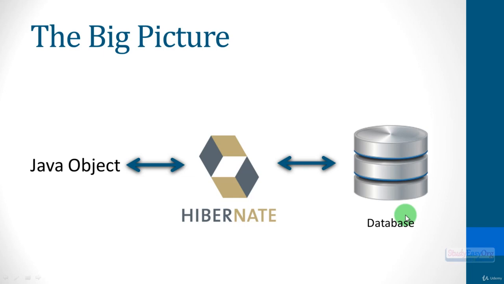So this is vice versa. Now this whole process seems a little complicated, but in actual fact, integrating Hibernate is extremely simple, and how to work with Hibernate is something we are going to see in our forthcoming lectures. So in short, Hibernate will sit in between your Java application and your database layer. Alright, so let's proceed further.